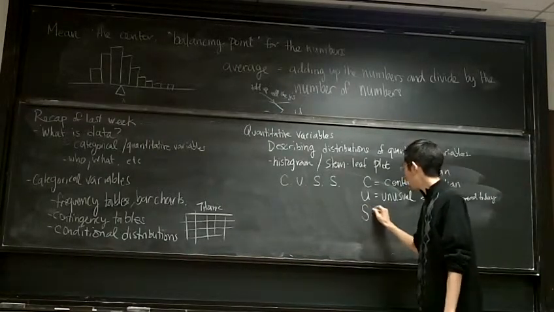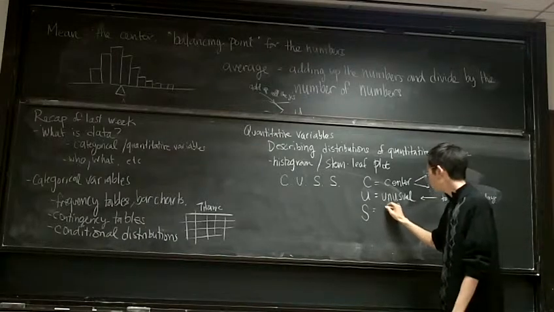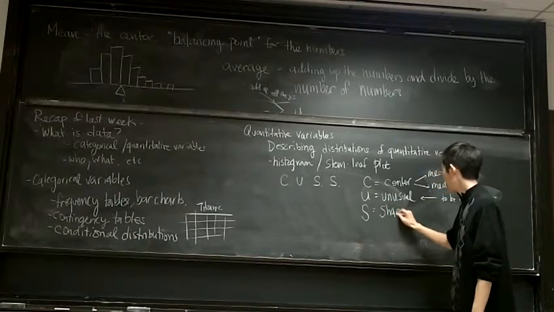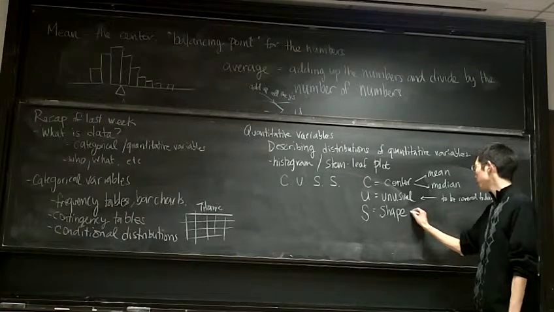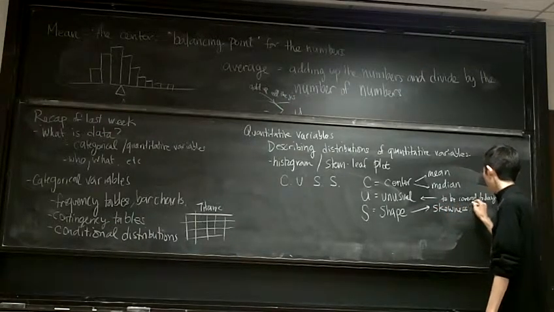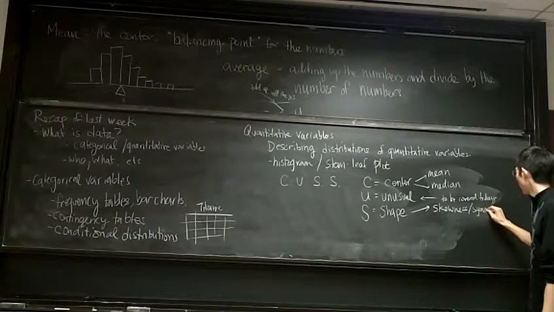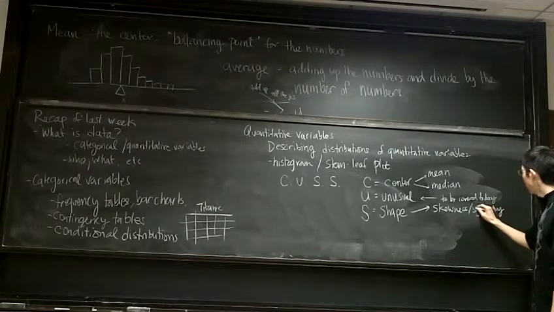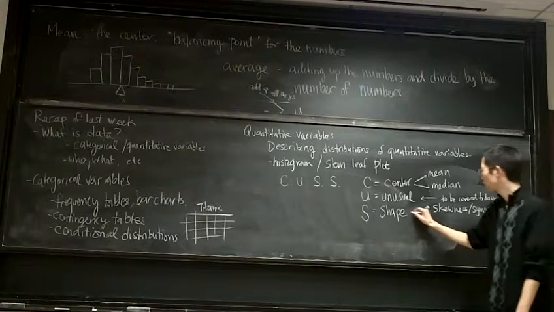We have the S for the shape. Regarding shape, we can talk about skewness or symmetry: right skewed, left skewed, or symmetric.